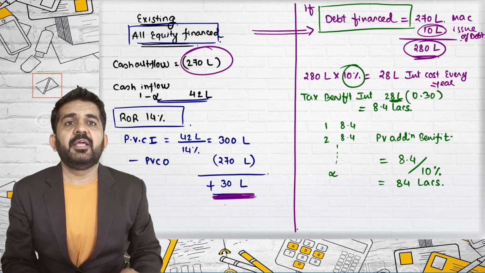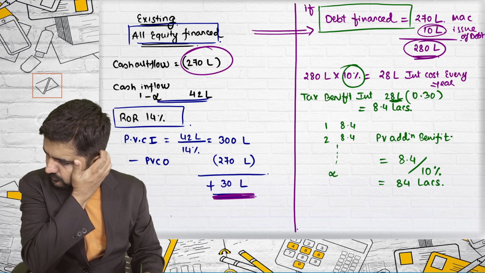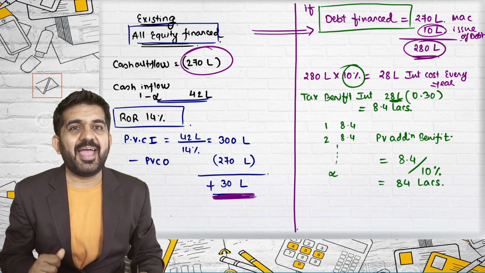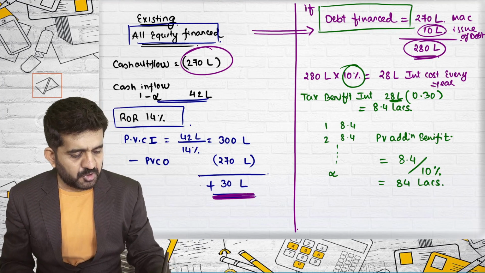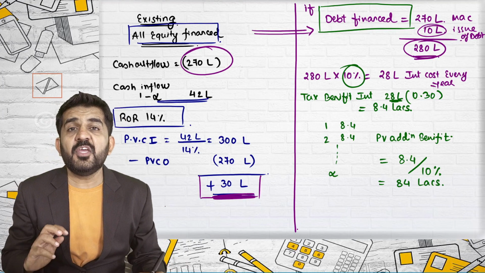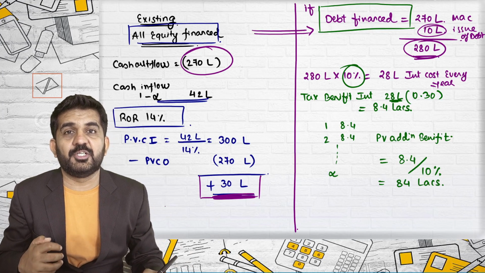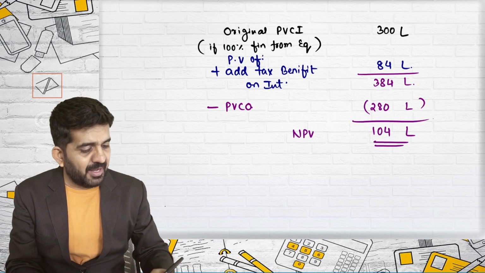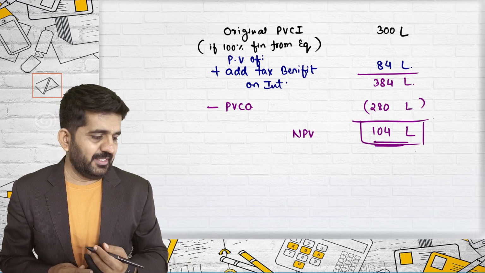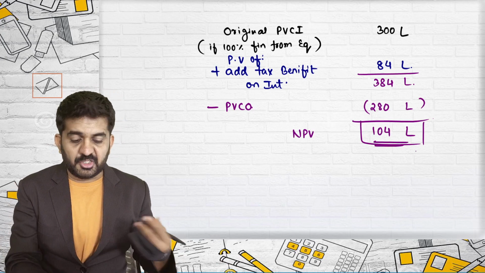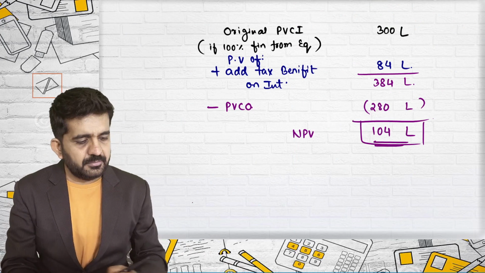Instead of 30, now it will be 104 lakhs. So an excellent question. All equity financed, my NPV was positive. If I finance it through debt, then my net present value increases to 104 lakhs, by 74 lakhs rupees.